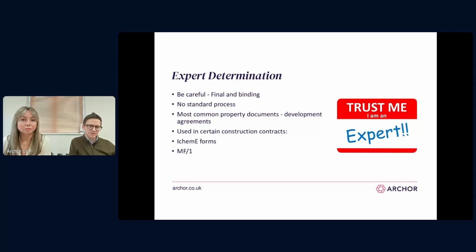In a construction context, expert determination is useful where there are technical issues, for example, the functionality or testing and commissioning of plant or certain equipment, and that's probably why it's used, as the slide says, in IChemE and MF1 standard forms, which might be used in sort of chemical processing or sort of manufacturing type context.